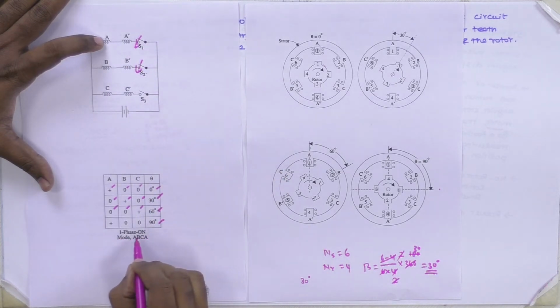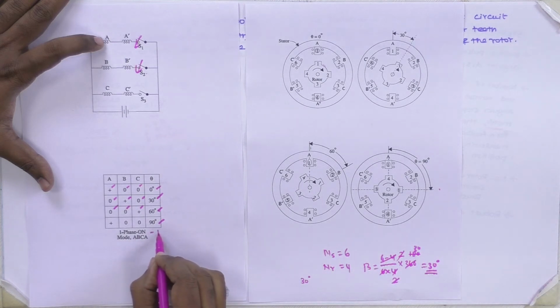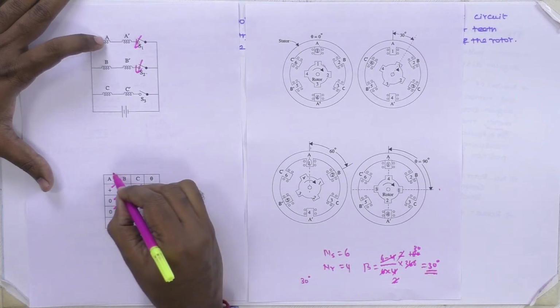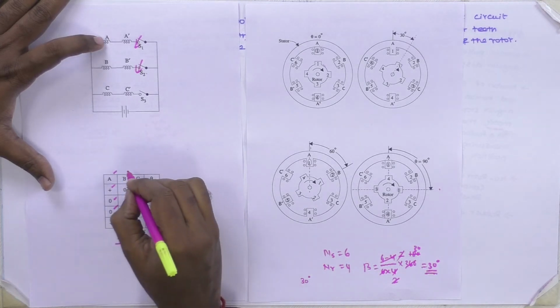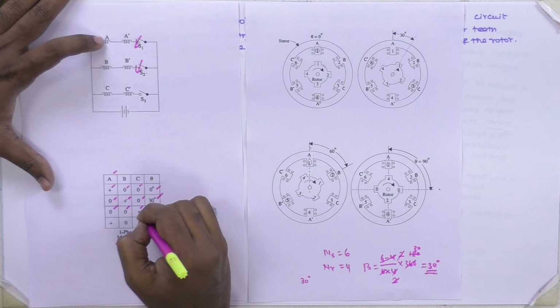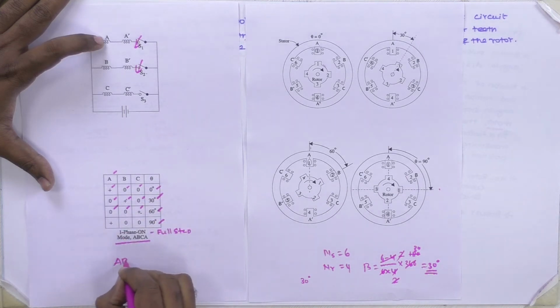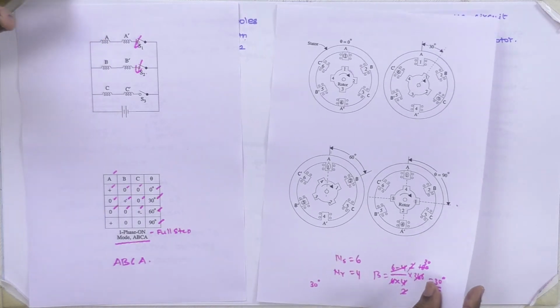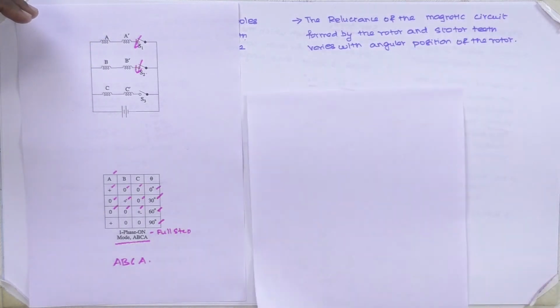So this mode is called full step, with one phase on. The switching sequence is A, B, C, again A. This is the one phase on mode.